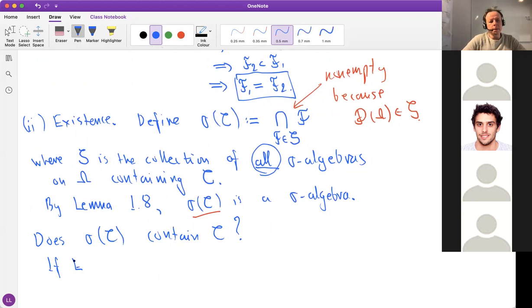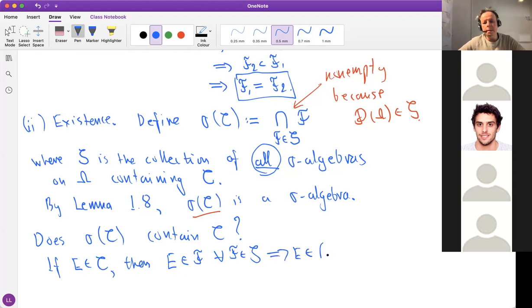Assume that we take one member of C. So let's pick some set E in the collection C. Then E belongs to F for all F in S by the definition of S. And that's why E belongs also to the intersection of F in S. And that means that E belongs to the sigma of C. So the answer here is yes.